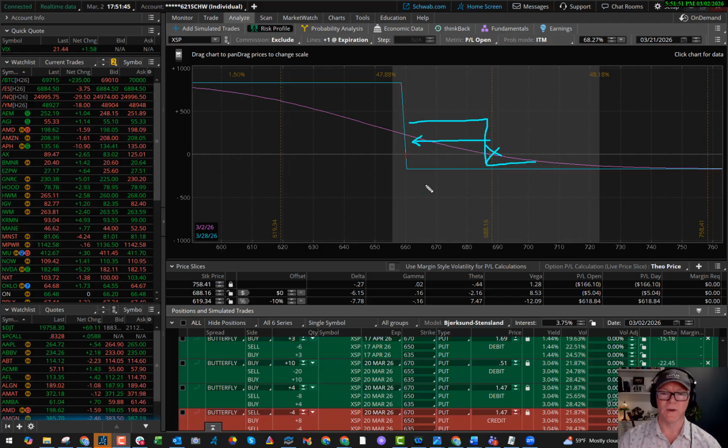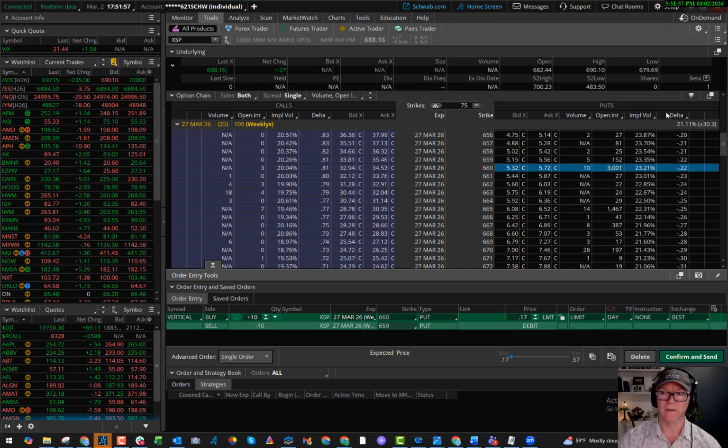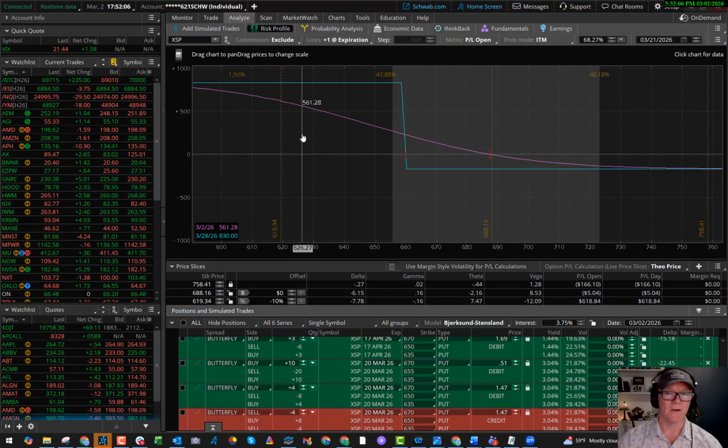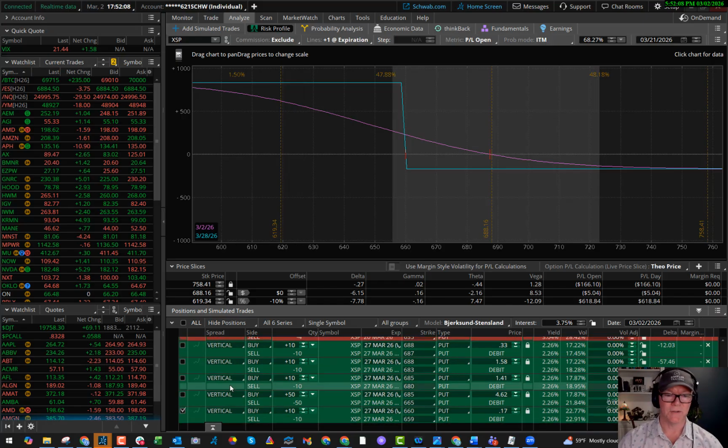We're going to move down to our target, which is 655, which coincidentally, remember this, 30-point expected move coincidentally lines up with 655 right here, right? So that would be our ultimate target that we think we might get down to. So in this case, it's 17 cents. So $170 turns into $830, right? That's pretty cool. Now that's only 1 point wide, so I'm going to widen this thing out a little bit.